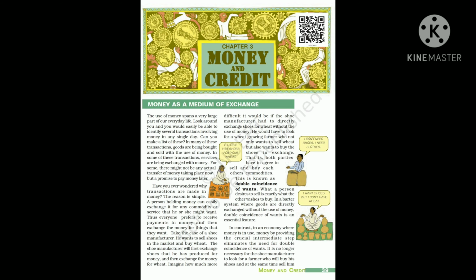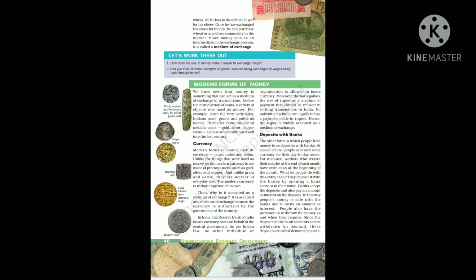Before the invention of money, in primitive times, one commodity was exchanged for another commodity. This system was called a barter system, but the barter system can work properly only under the situation of double coincidence of wants, means when the needs of the buyers exactly match with the offer made by the seller.